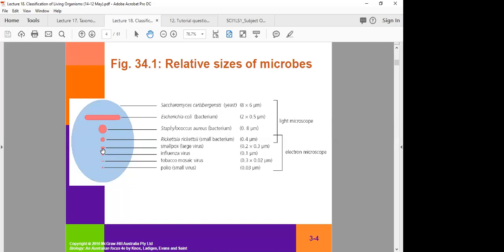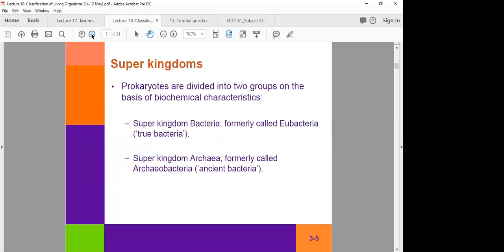This is a large virus, a smallpox virus, influenza virus, the tobacco mosaic virus, and a small virus, the polio virus. The size ranges from 0.3 microns down to 0.03 microns. Of course, these are too small to be seen with a light microscope. We need a high-powered electron microscope to visualize those.